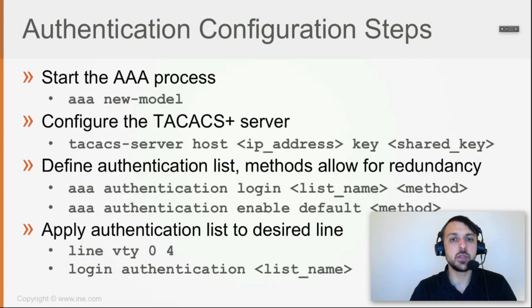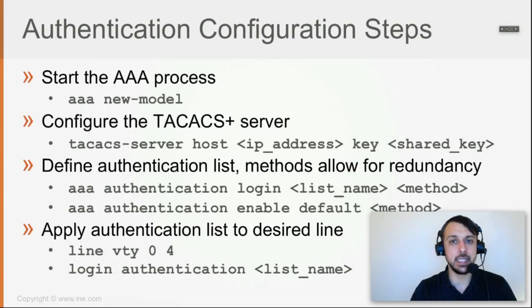Now the main difference between a default list and a non-default list which has a name is that the non-default lists are not enforced by default by the router. As you're going to see, for more details, look in the CCNA security bootcamp class.